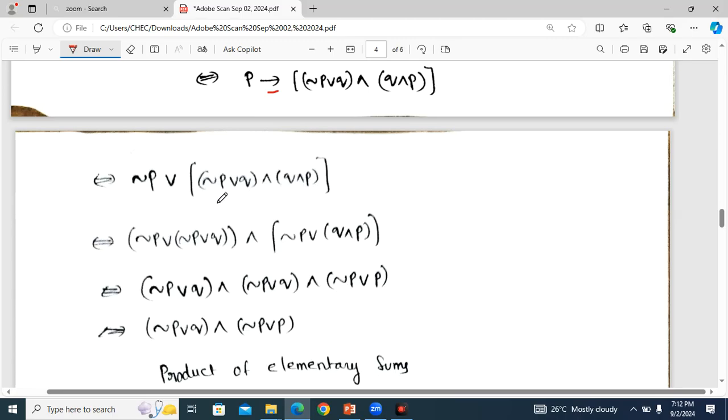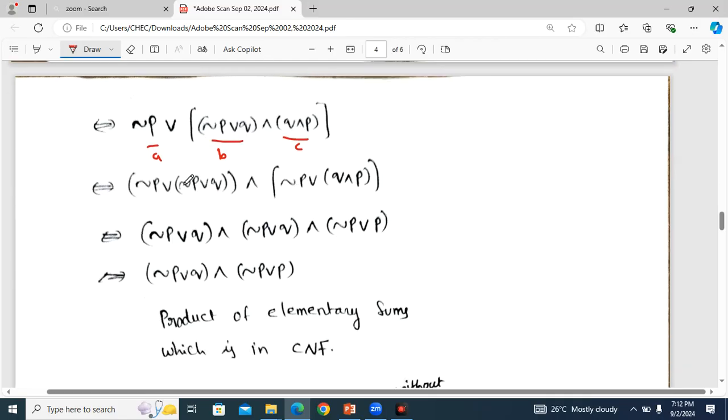So here we apply the distributive law to convert this compound statement into a product of elementary sums. Here negation P is A, negation P or Q is B, and Q and P is C. So this is of the form A or (B and C). Now we apply the distributive formula: (A or B) and (A or C).